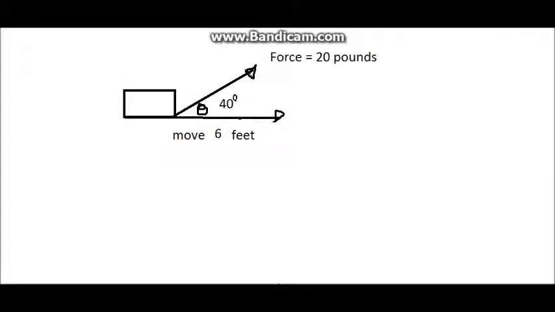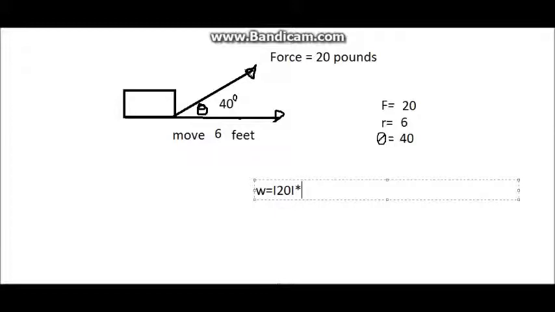Okay, now let's do it with real numbers just for fun. There's not really anything to solve for, you just plug the values into the equation, but you have to identify F, R, and theta. So F is 20, R is 6, and theta is 40. Then you just plug it into the work formula. W equals the absolute value of 20 times the absolute value of 6 cosine 40.